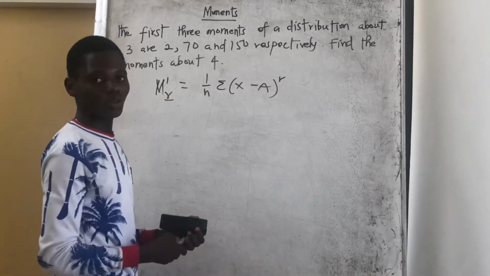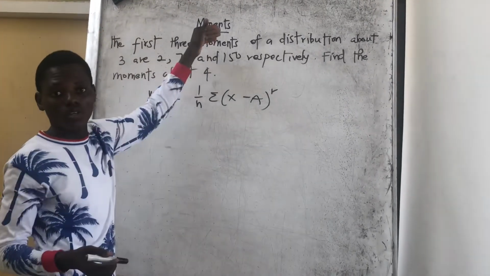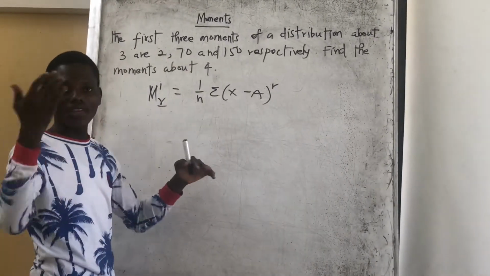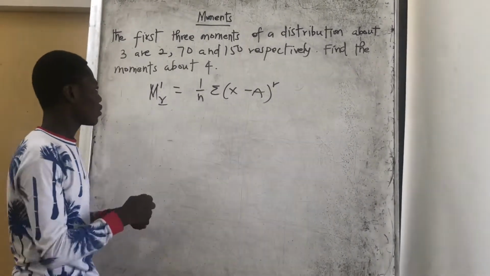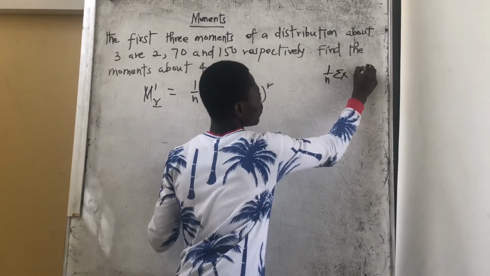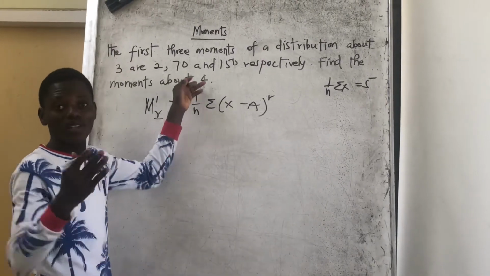With the second moment, you can calculate as given in the question. We substitute the second moment in the formula so that we get another value. The first one we had, 1 over n sigma x, to be 5, so we put it down.